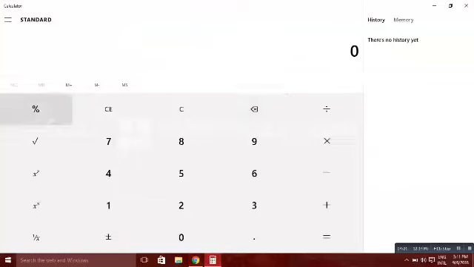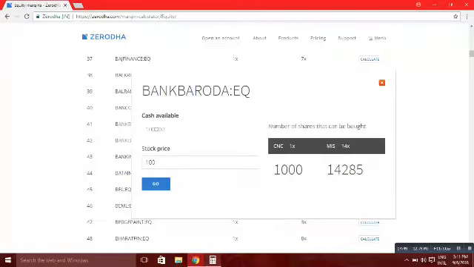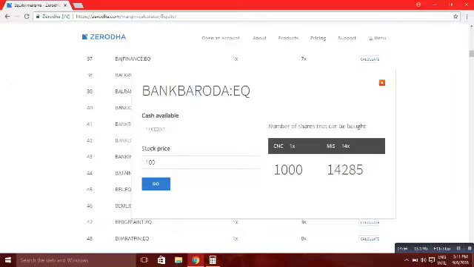So let's take 14285, multiplied by 100. The actual value of the intraday stock is, we can see here, 14,28,500 rupees we have to pay for the 14,000 quantity of intraday of Bank of Baroda.